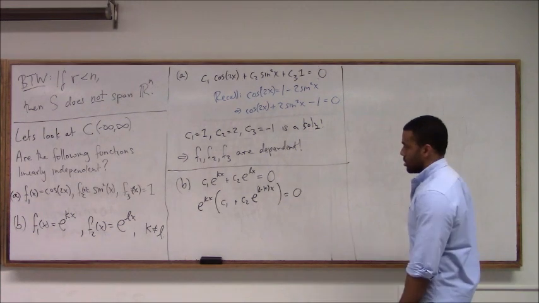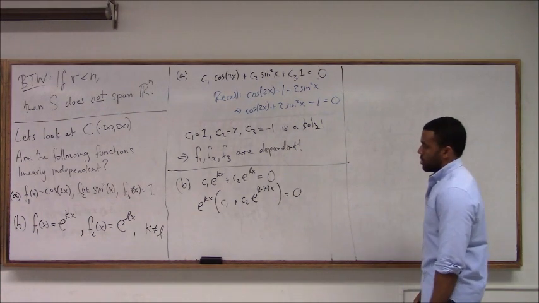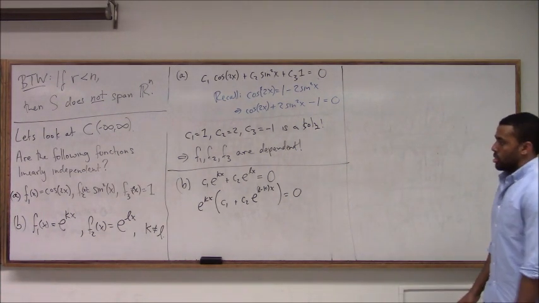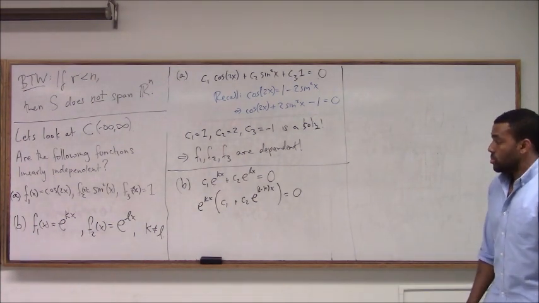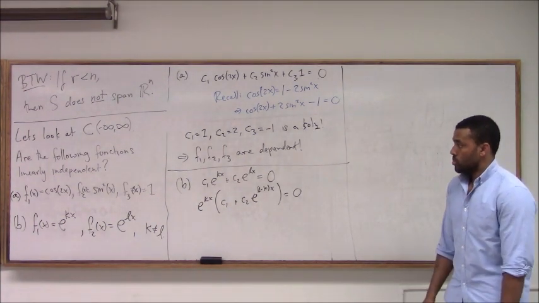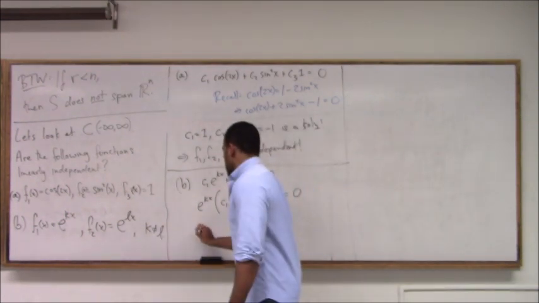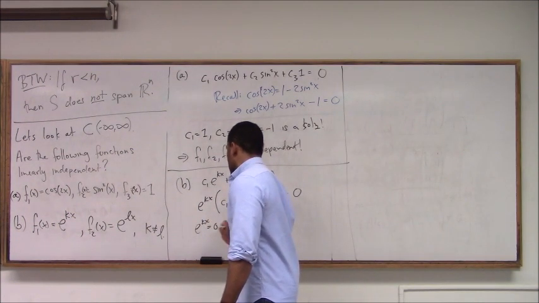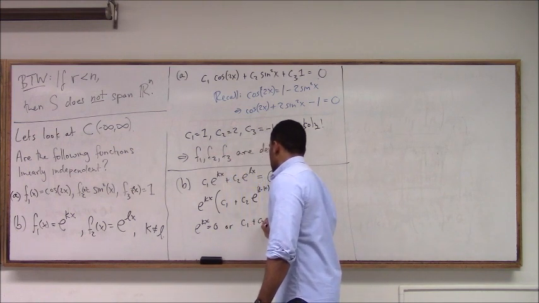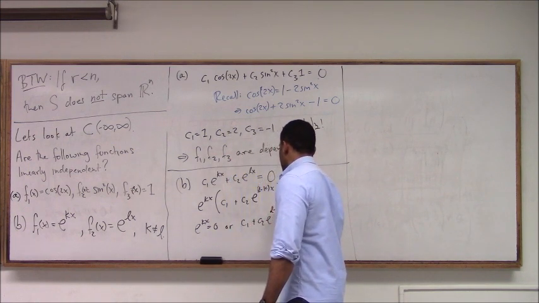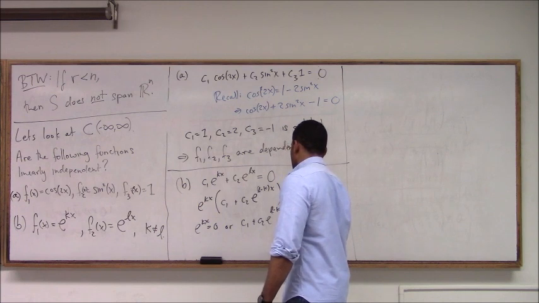What does that tell you? You need the second term to be 0. Right, so this means e to the kx equals 0, or c1 plus c2 e to the (L minus k)x equals 0.